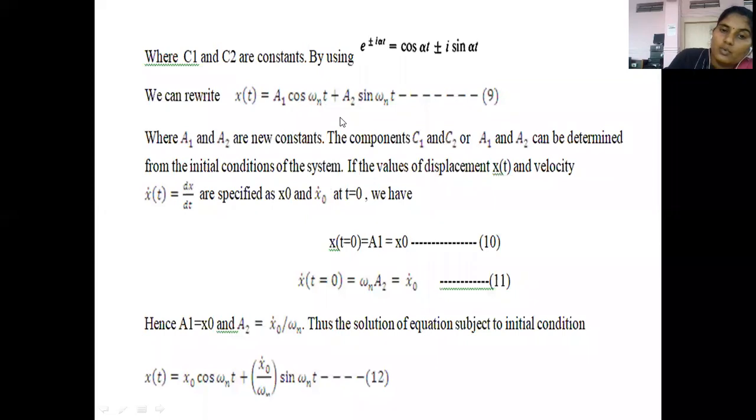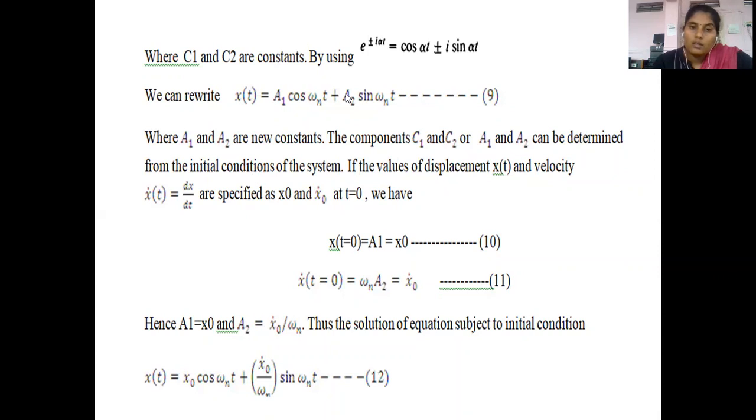Same condition if you go for calculating the velocity x dot. At time t equal to 0, velocity will be equal to v naught. For x dot, you have to calculate the first derivative of equation number 9.